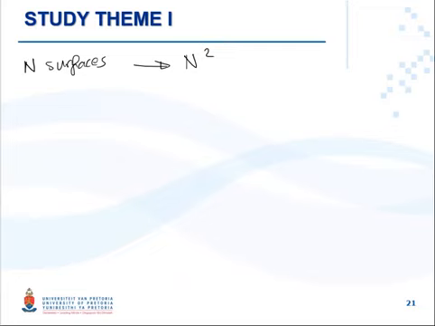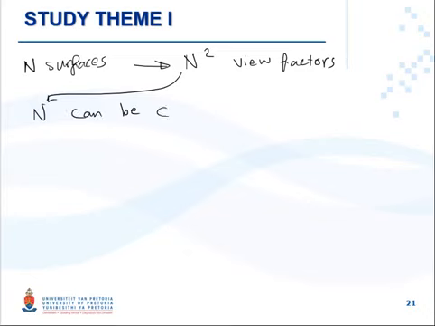N to the power of 2 view factors. N of these view factors can be calculated from summation. Why?